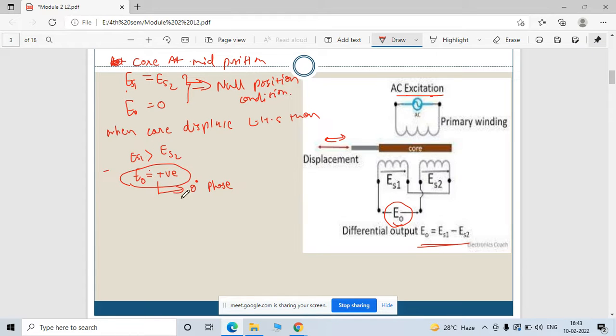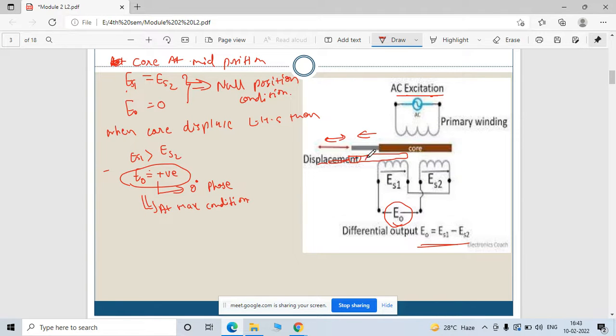सो एट मैक्सिमम कंडीशन क्या हो सकती है? At max condition, this core shifts, right? At max condition आपका core कैसा हो सकता है कि आपका core पूरा यहाँ पे हो, right? This is your bar, and this is your displacement.